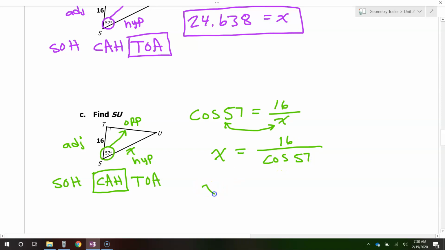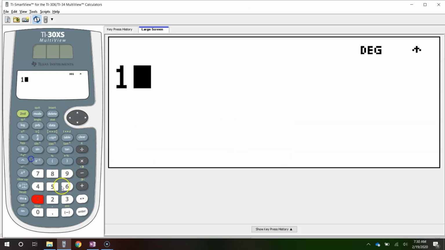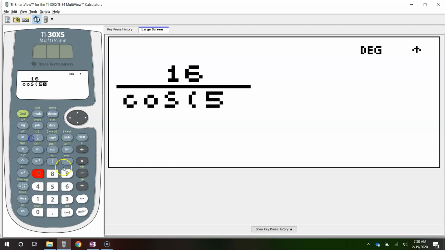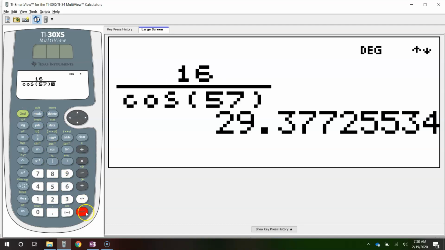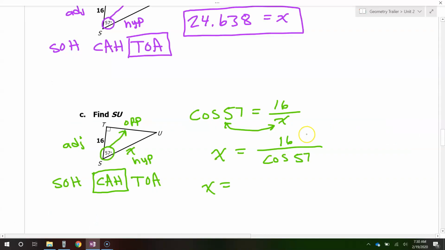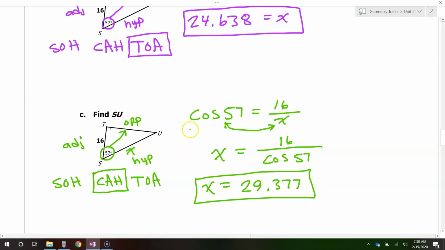And this is something that we can put in the calculator. So that is 29.377. Okay, so that is SU.